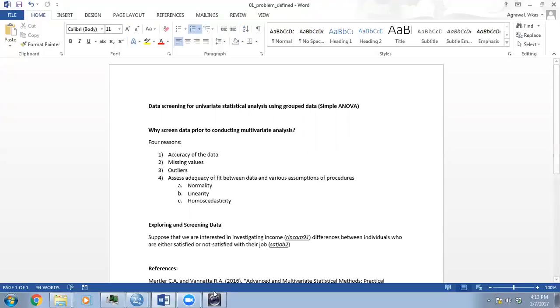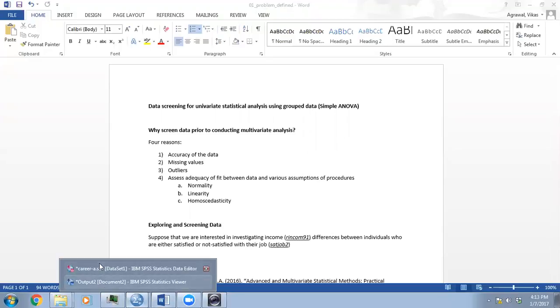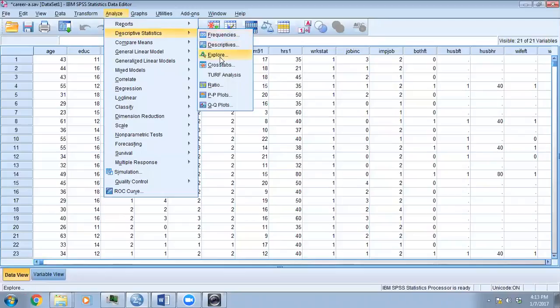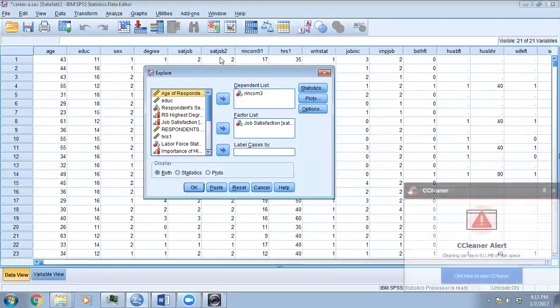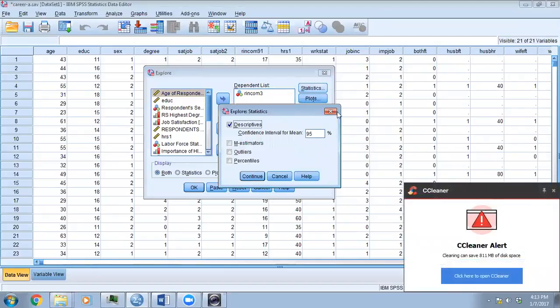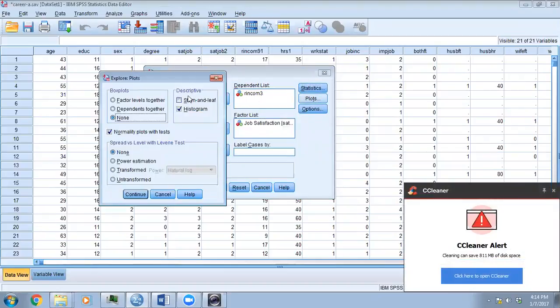So what we're gonna do here is, again, go to Analyze, Descriptive Statistics, Explore. Since we still leave the histogram and normality test, but we want Levene's test as well.